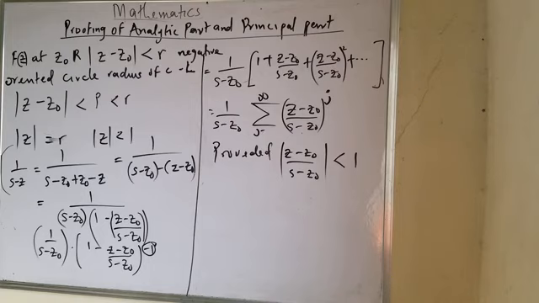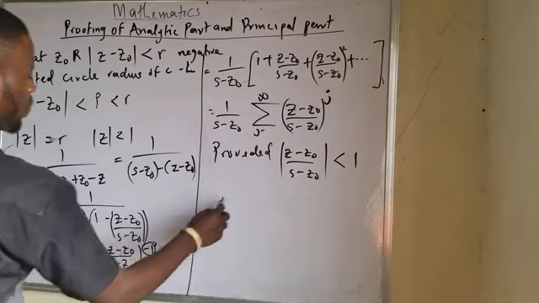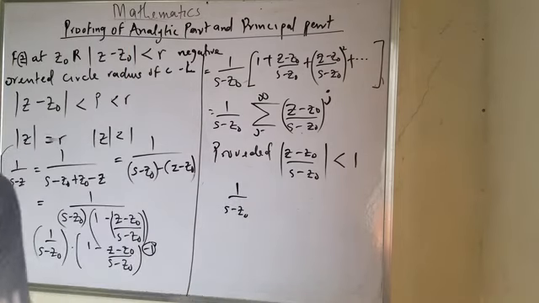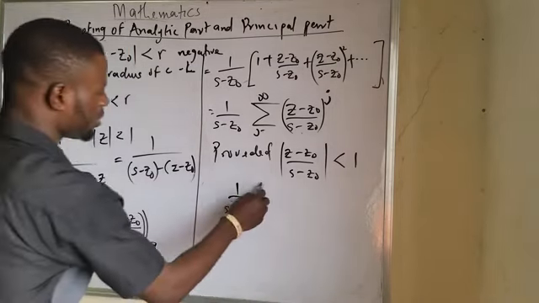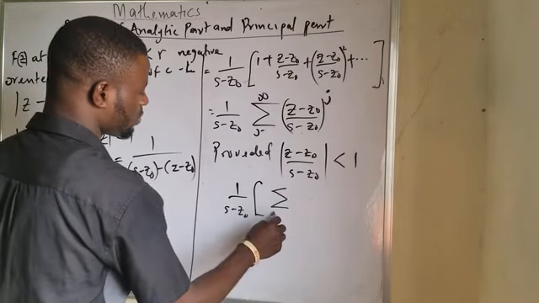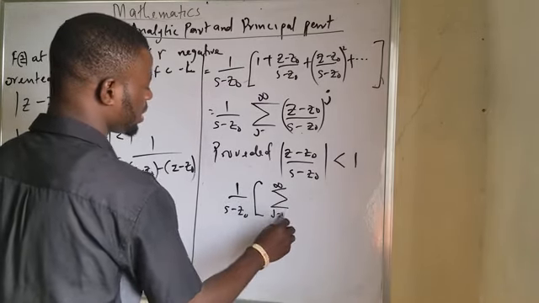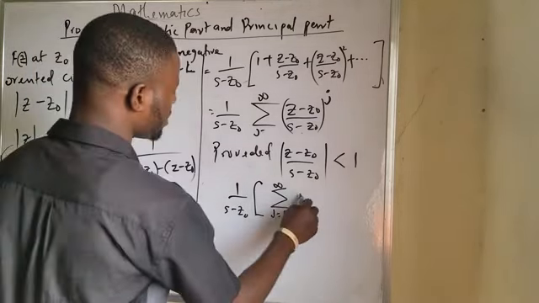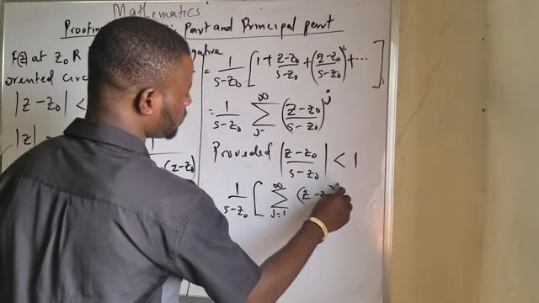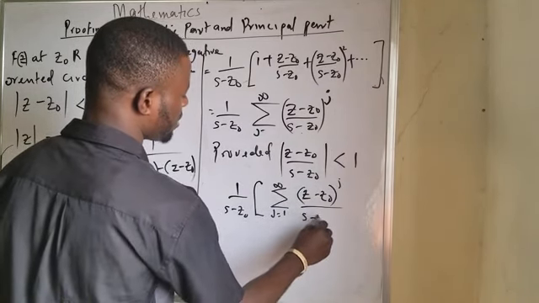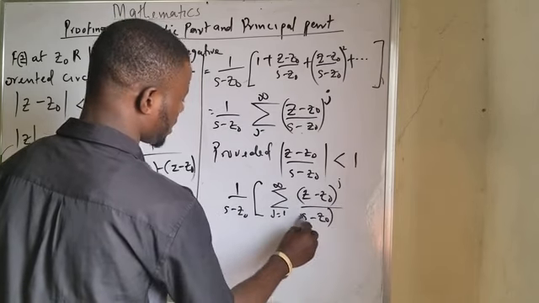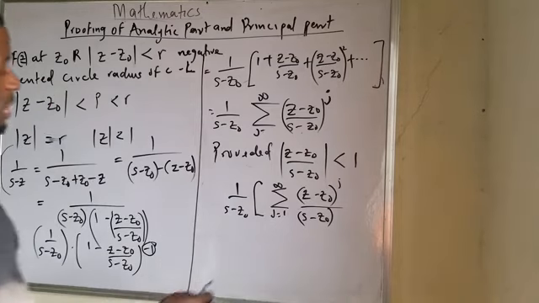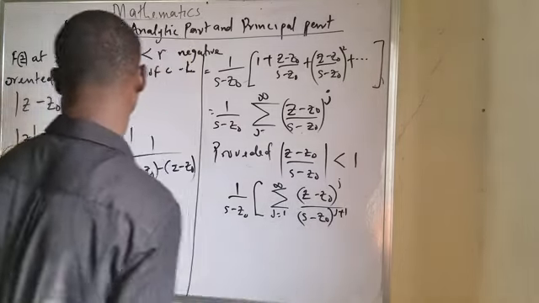If that is the case, it means I'll be having 1 all over z minus z naught, and now 1 minus z naught. It means bracket of this from infinity to j of 1, I'll be having z minus z naught bracket of j divided by x minus z naught bracket of j plus 1.